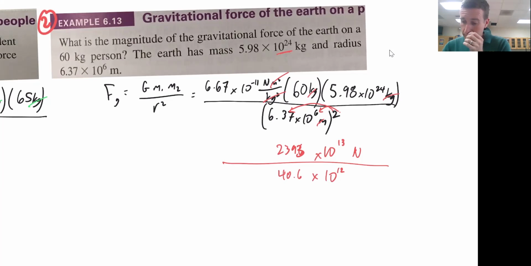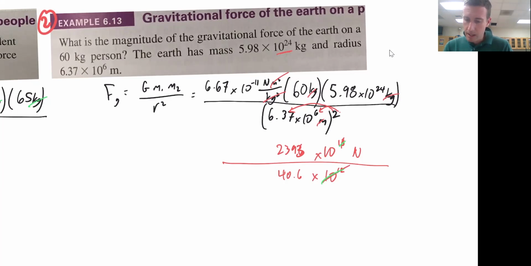Okay, so this one's actually going to work out nicely. 10 to the 13th and 10 to the 12th, I can just cancel that and make that 10 to the 1, right? 12 and 13, subtract out, gives me 10 to the 1.